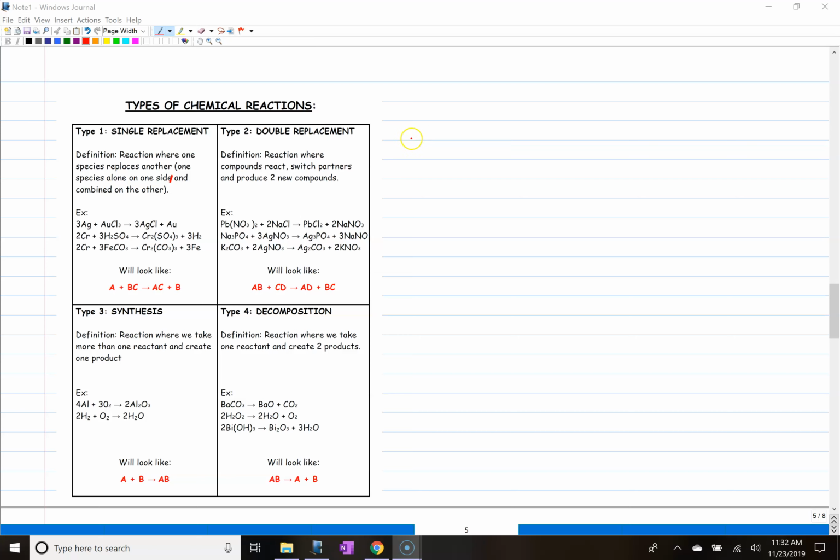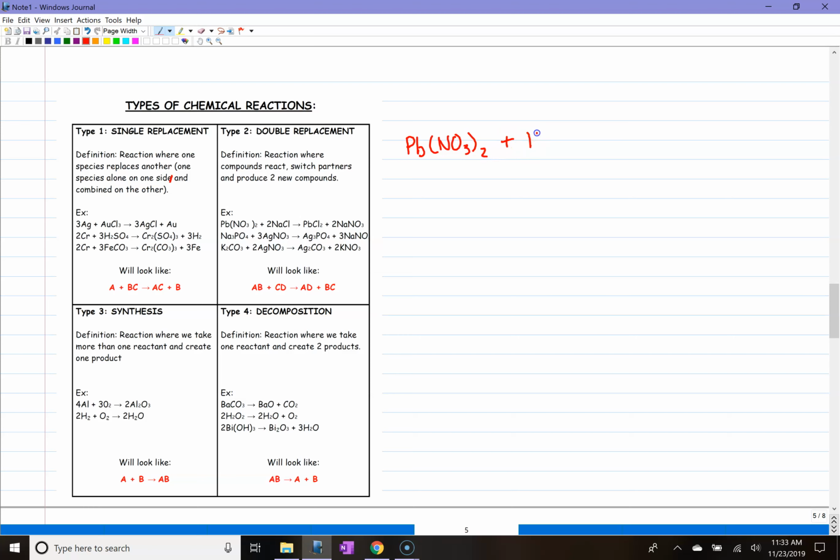So if I have a compound like lead 2 nitrate and potassium iodide, I don't have to look anywhere and see if this reaction will occur. If it's double replacement, it's going to occur.